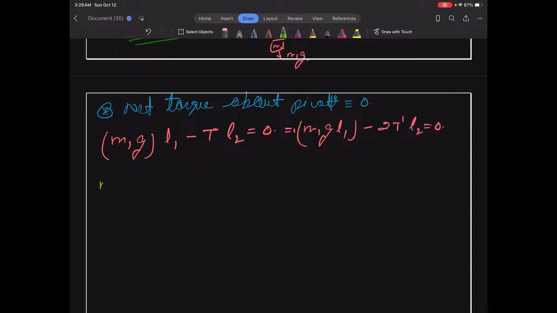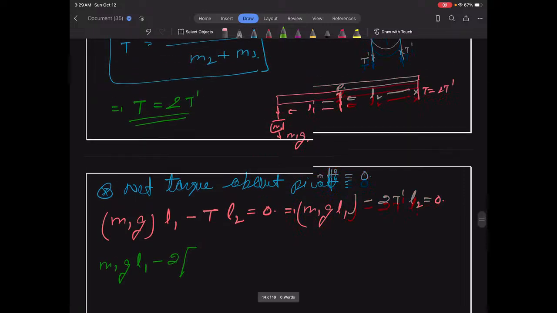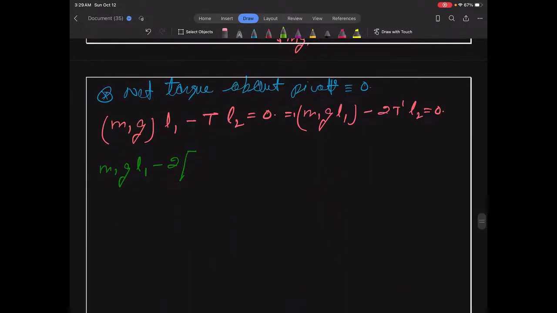Therefore we get m1g L1 minus 2, and our T prime was twice M2 M3 times G over M2 plus M3, multiplied by L2 is equal to 0. And G we can take common because that cannot be equal to 0.